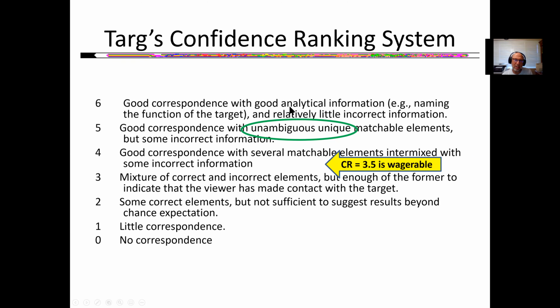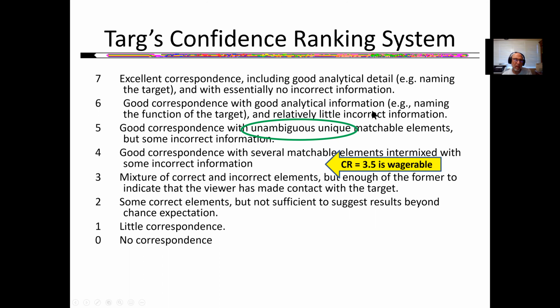You've got your day-to-day self, but there's something deeper and broader going on here, which you're accessing during your ARV. So if you name it, and now you get less and less incorrect information, and then a 7 is basically spot on. You might have named the target, no incorrect information.